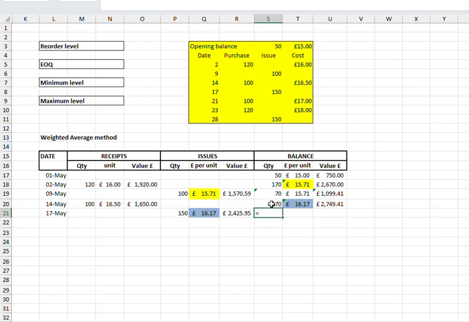So what have we got left? We've got 170, but we've issued 150. So we've got 20. Our value is 2749. Subtract that. So our weighted average then, cost per unit, is £16.17.